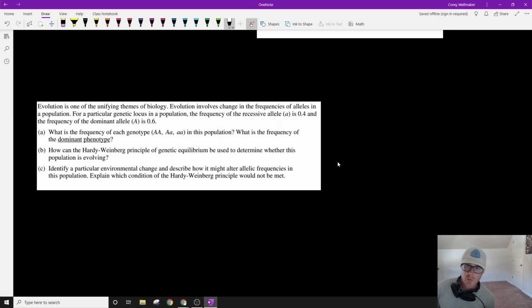Okay, it says for a particular genetic locus in a population, the frequency of the recessive allele, which we're going to use Q, is 0.4, and the frequency of the dominant allele, which is P, is 0.6.